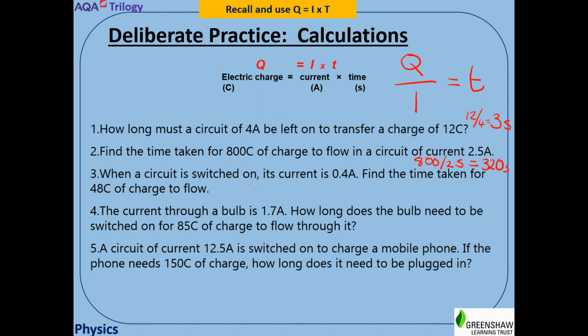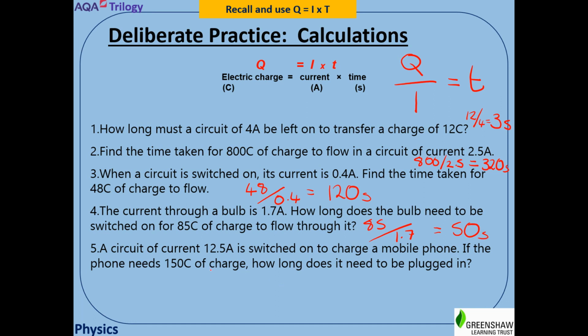Now we've got 48 coulombs divided by 0.4. Remember, I'm dividing by a decimal, so I'm expecting my answer to be bigger. It is 120 seconds. Current through a bulb is 85 coulombs divided by 1.7, which is 50 seconds.